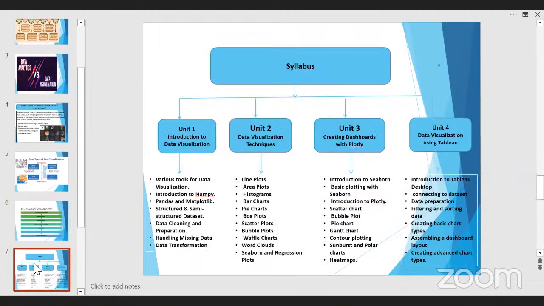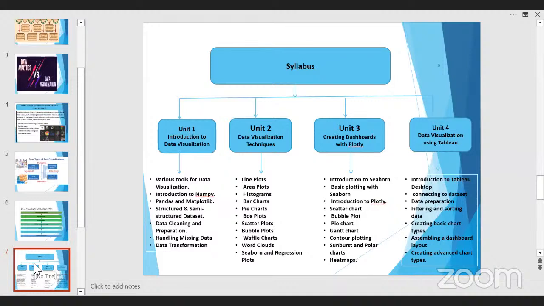Then what we would be teaching in data visualization is, again, assuming that they have already learned some of the topics listed here in their earlier paper. We would be doing introduction to data visualization in the first unit, and data visualization techniques in the second.